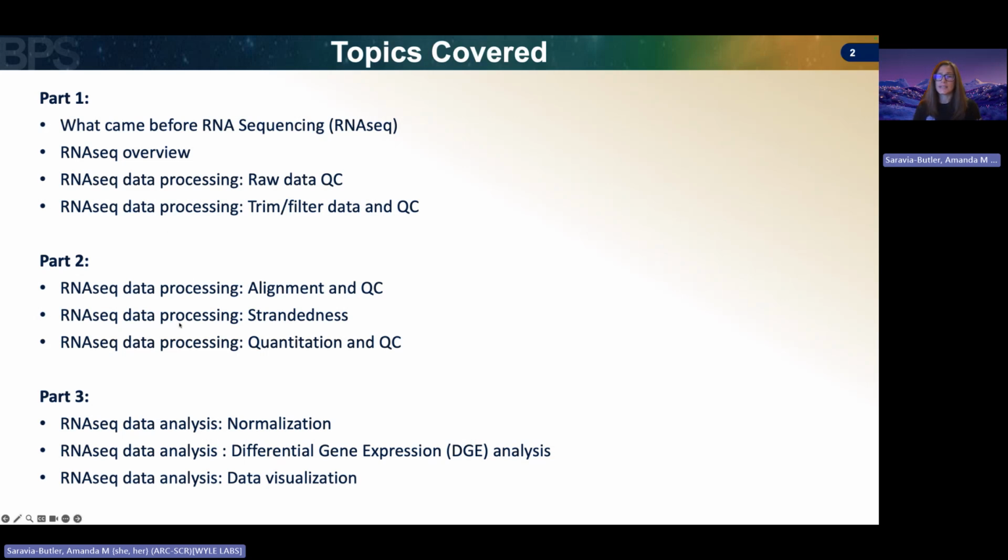And then I hope you have already listened to part 2 of this lecture, where we cover alignment and QC, strandedness and quantitation and QC, and have also completed the GL4U RNAseq processing Jupyter notebook, so step 3, all the way through the end of that notebook, which I believe is step 8C, generating our genes.results files from RSEM.